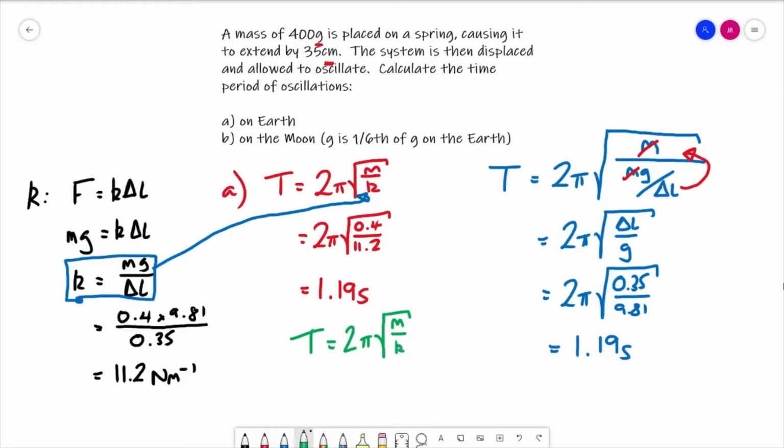Well, k is a constant, it's the spring constant, and m, the mass, well, it's mass, it's not weight, so obviously the mass stays exactly the same regardless of whether we're on the Earth, on the Moon, or anywhere in the universe. So in fact the answer to that is exactly the same, it's 1.19 seconds.